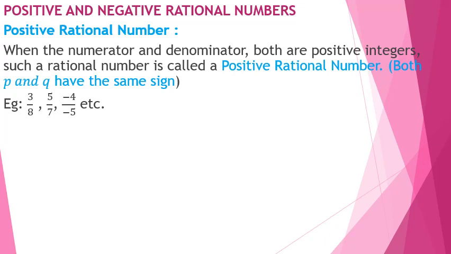Example, 3 upon 8, 5 upon 7 and minus 4 upon minus 5, and so on. Here, the first two rational numbers have the same sign for numerator and denominator, that is positive sign. And in the third rational number, minus 4 upon minus 5, both numerator and denominator have a negative sign. So these are positive rational numbers.